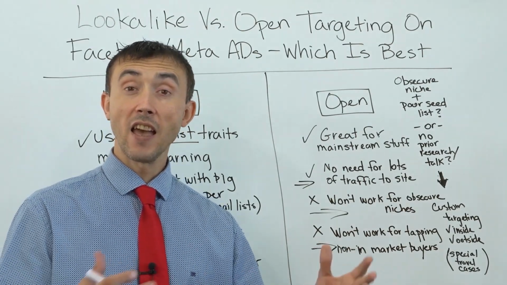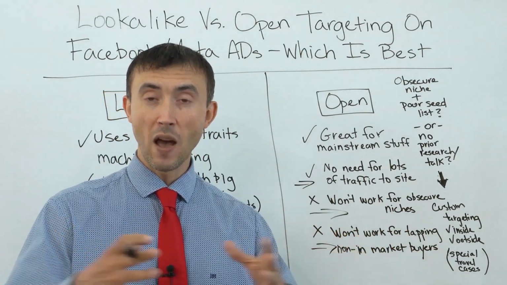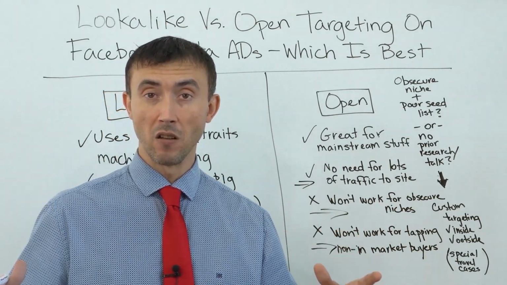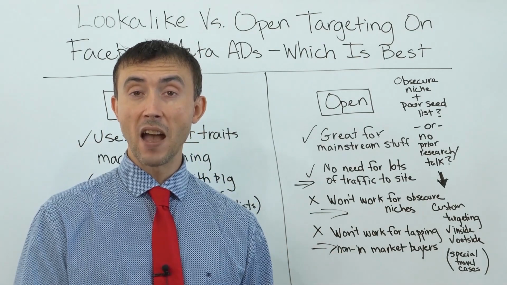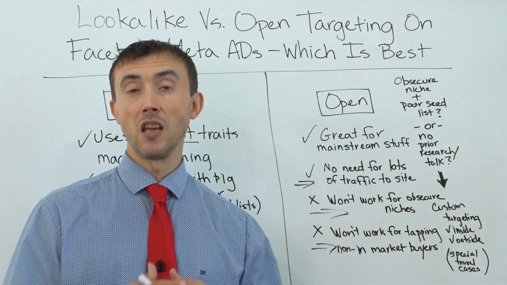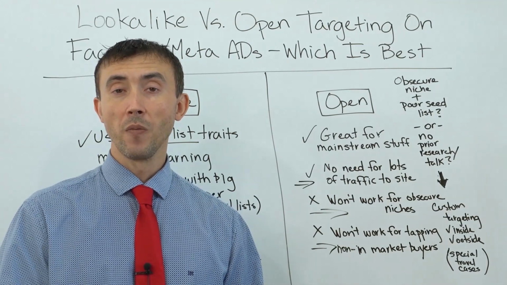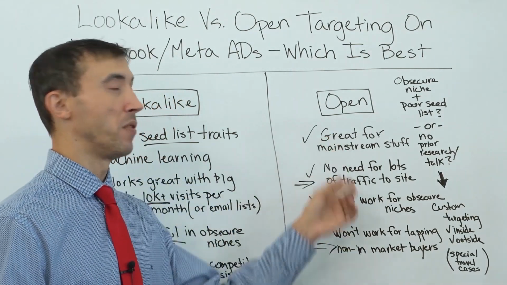In that case, the window of time that you have to market to somebody, between when they reveal that they are an in-market buyer and the time where it's too late to get in front of them, is so small that you don't really have an option to do open targeting.